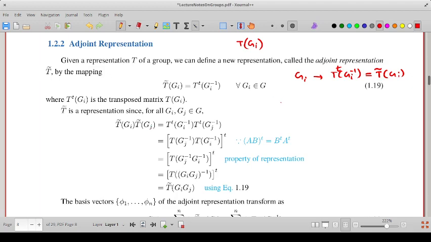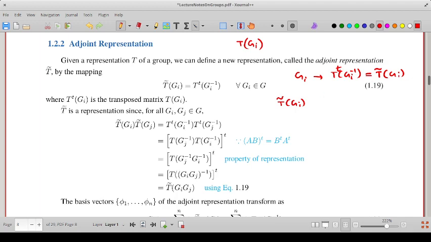We now claim that T tilde is in fact a mapping from Gi to the set of non-singular square matrices of the same order as T, and they form a representation of the group. First of all, since T is non-singular, the transpose of T is also non-singular, and therefore the matrices T tilde are non-singular as well. So the first requirement for the representation matrices is satisfied.